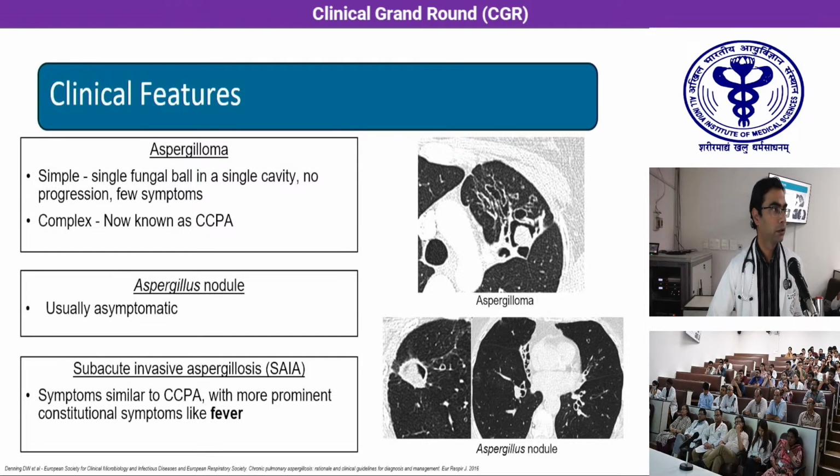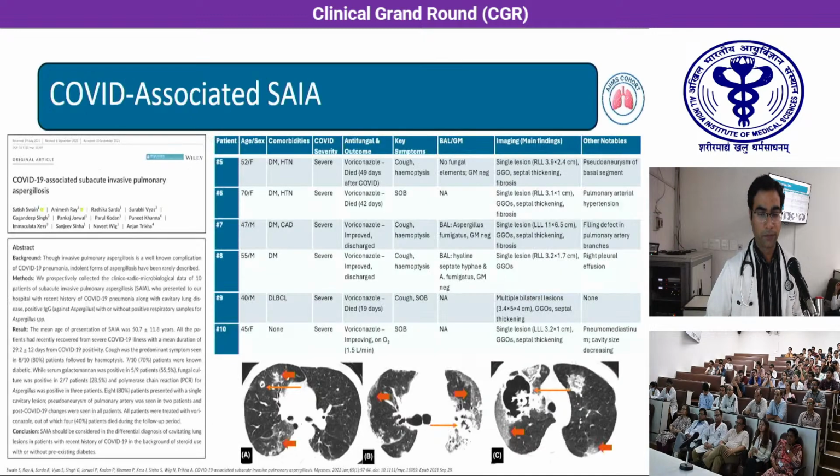These immunocompromised conditions can include diabetes, older age, chronic alcoholism, radiation therapy, and steroid use. The symptoms of subacute invasive aspergillosis are similar to CCPA, with more prominent continuous symptoms like fever.